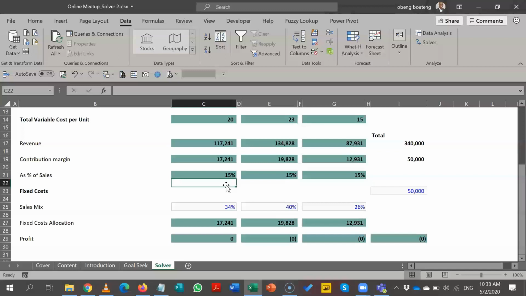You can fine-tune it by giving yourself constraints. Identify your objective cells, identify your variable cells, load it into Solver, and then save the various scenarios. So that is Solver. And I must say that there are complex ways you can use that. See how it goes. Any questions?